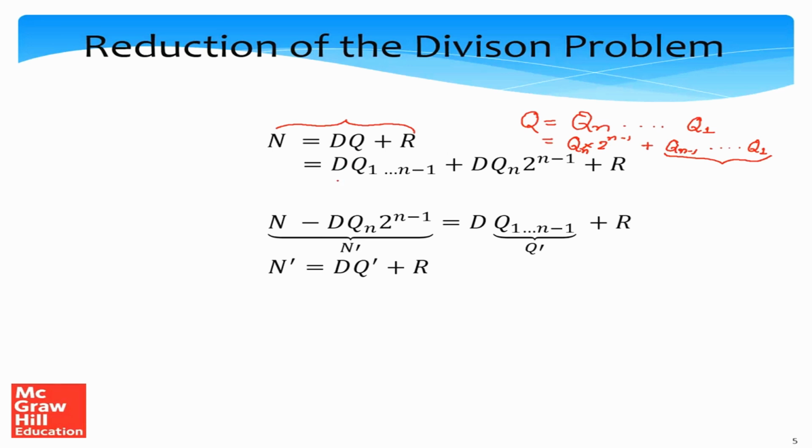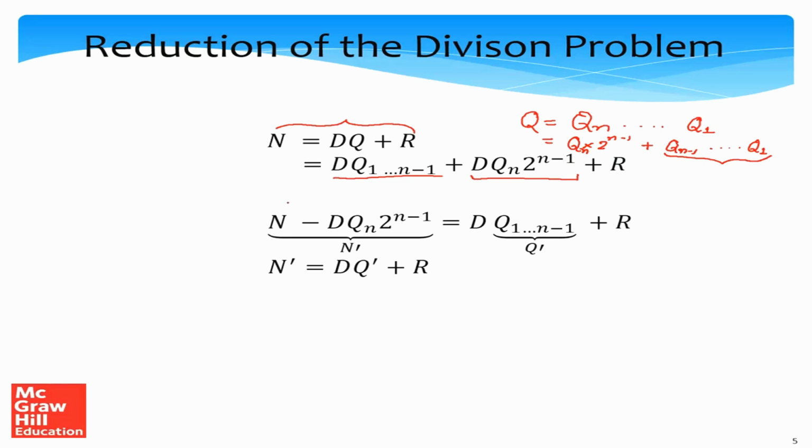If I break the quotient in this way, I have one component which is the first n minus 1 bits of the quotient. I have one more component, which is the divisor times this thing, and this thing is qn, the MSB of the quotient, most significant bit, times 2 raised to the power n minus 1, plus the remainder r.